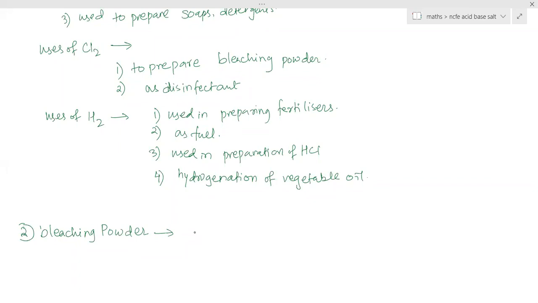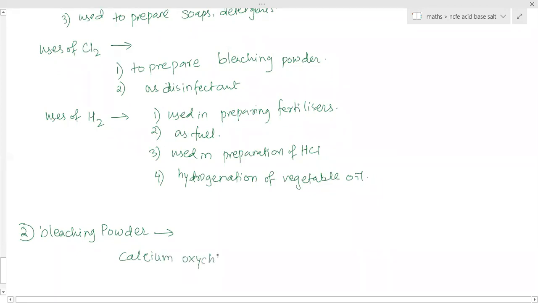Bleaching powder is calcium oxychloride. The formula is CaOCl2. So the chemical name of bleaching powder is calcium oxychloride.